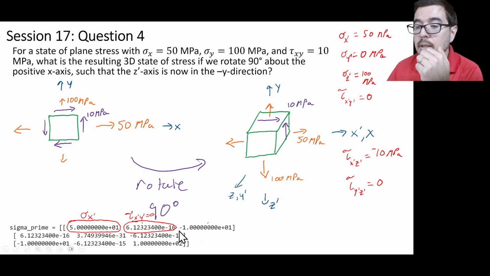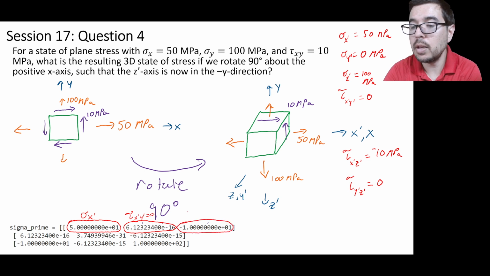Look over here. This is the tau x prime z prime, and it's minus 10. Great. That's exactly what we want. So we can say that tau x prime z prime is equal to minus 10 megapascals. Okay?